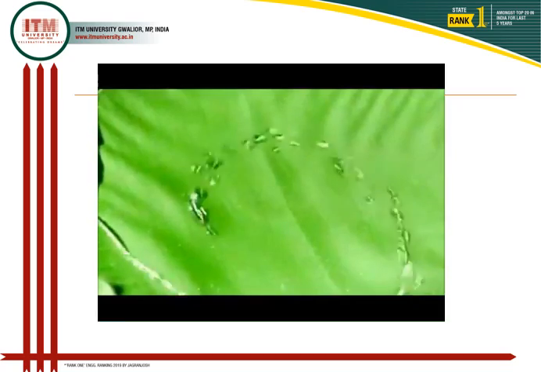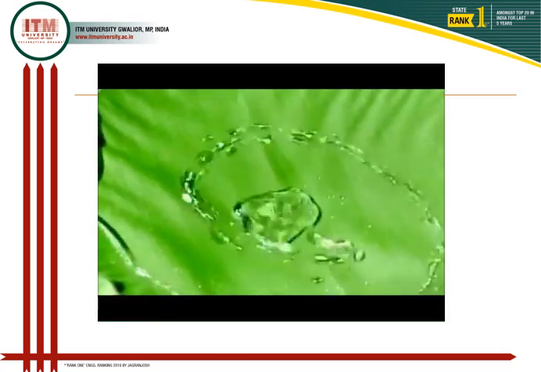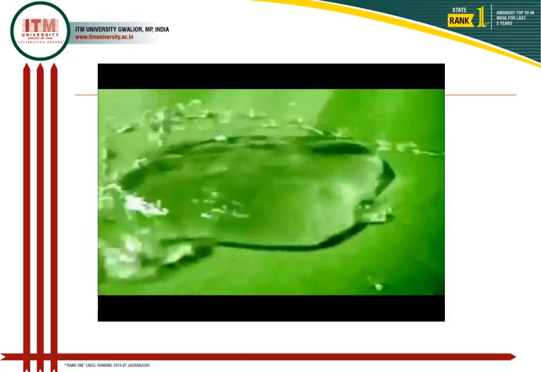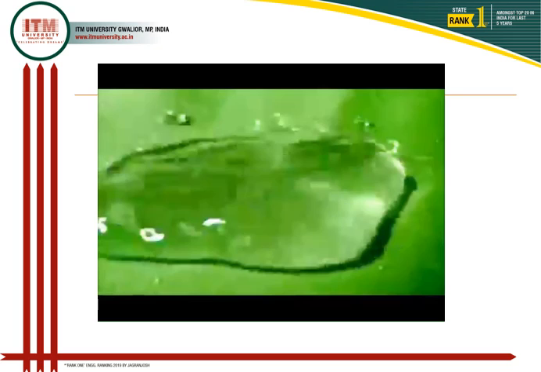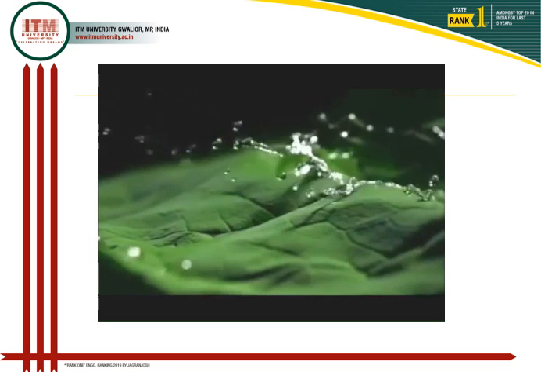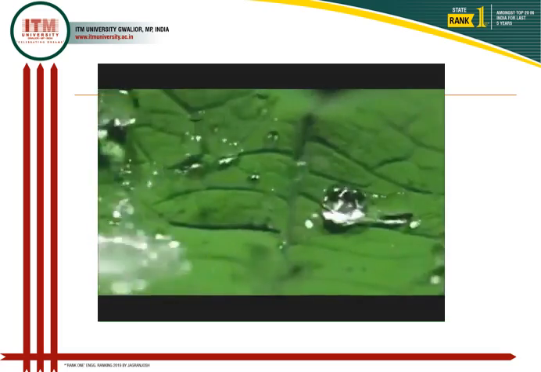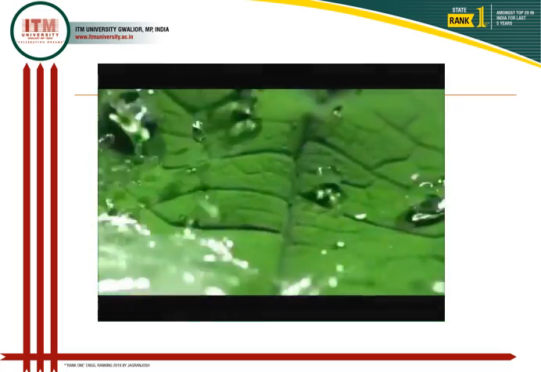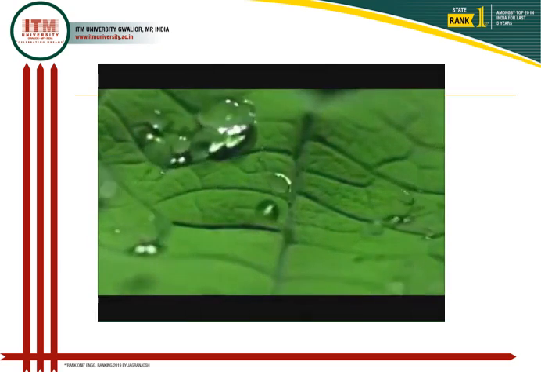Whether it is a small drop or a big drop, it cannot stay there. And you can picturize these things nicely. That is called the super hydrophobic behavior of water. So we have developed many applications of this super hydrophobicity.